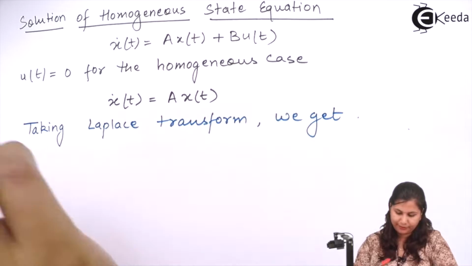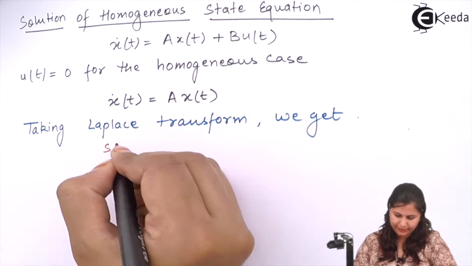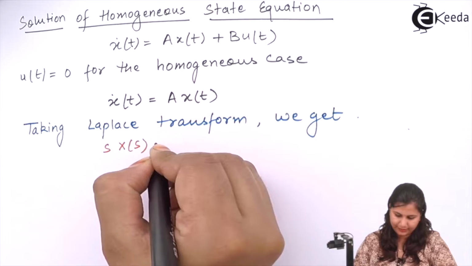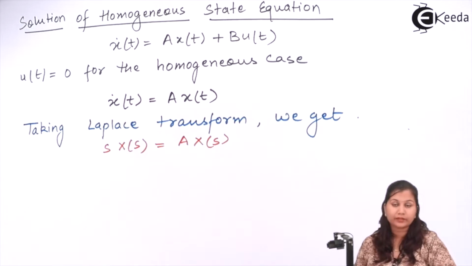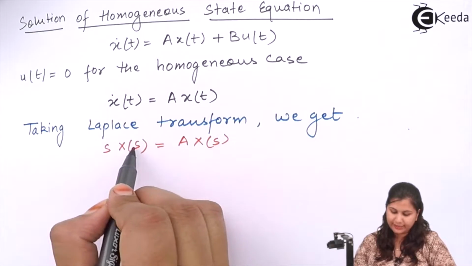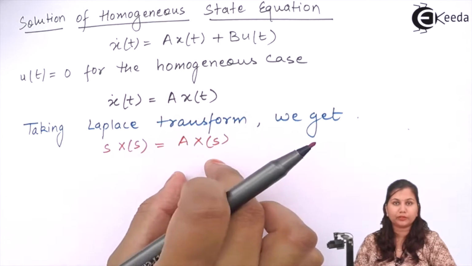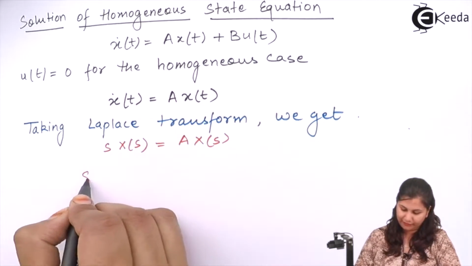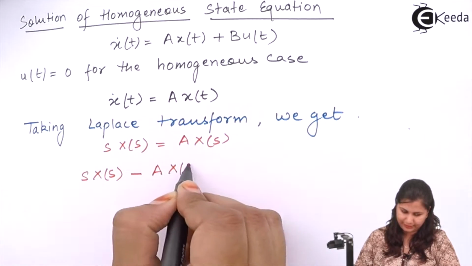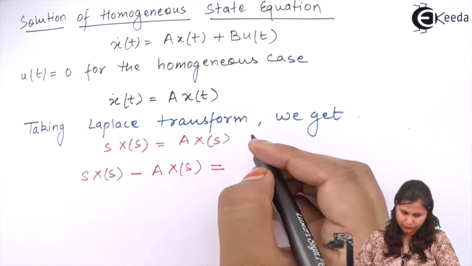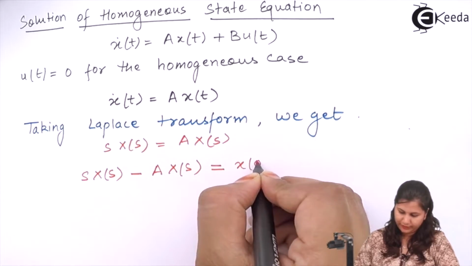So our Laplace transform becomes s X s equals A X s. Now taking this A X s to this side, because we have both terms in X s, we have s X s minus A X s equals x of 0.